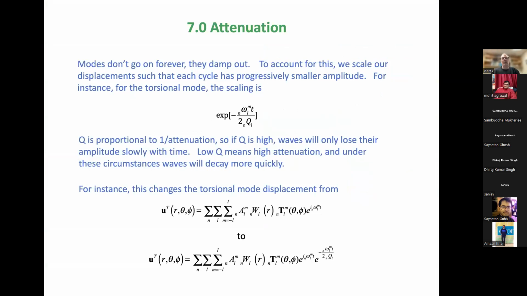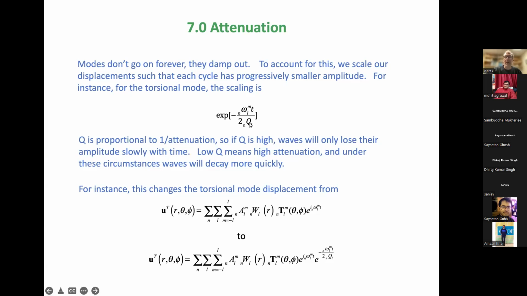All right, so modes don't go on forever, which is a good thing because then the Earth would shake apart. So they damp out. And to account for this, we scale our displacements such that each cycle has progressively smaller amplitudes. For instance, for the torsional mode, the scaling is e to the minus omega t over 2Q. Q is a value that determines the amount of attenuation.